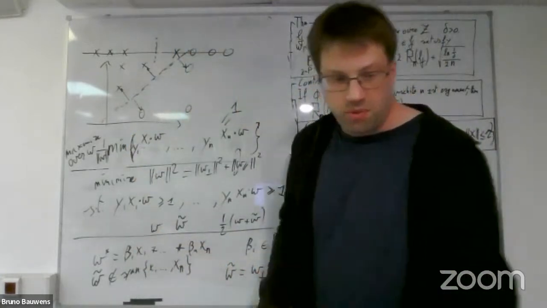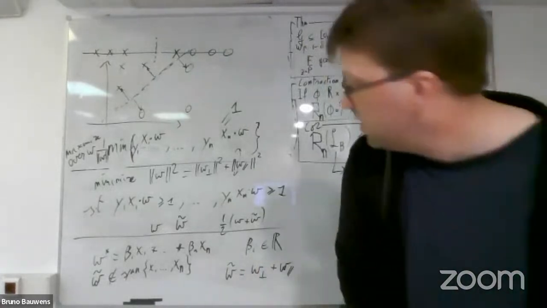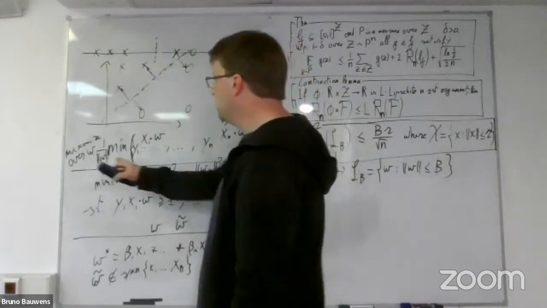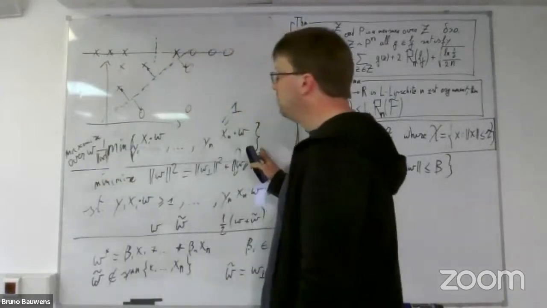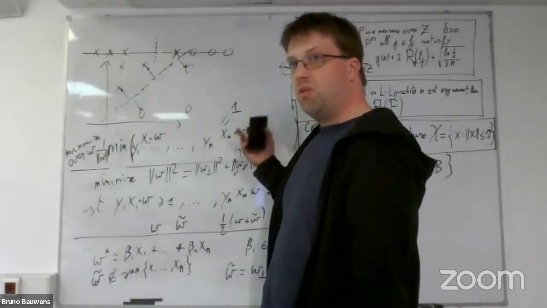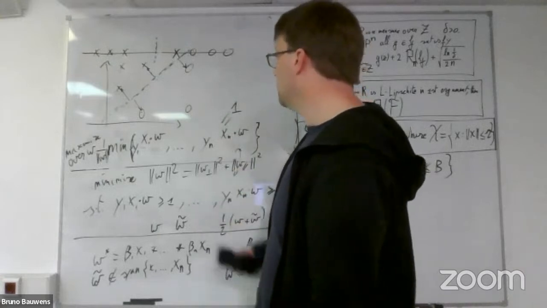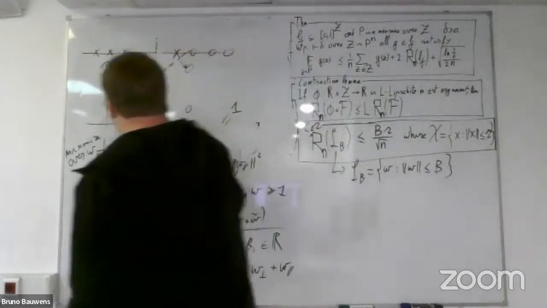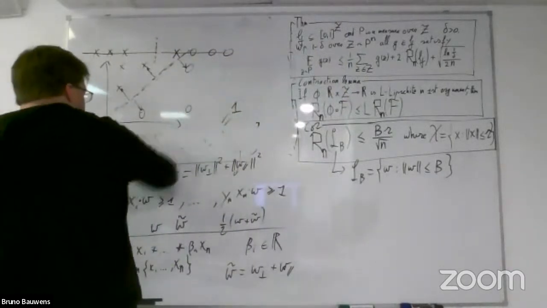Okay, and so how do we get this? Well, we change the objective. So we look at this minimum plus the sum of hinge losses of points. Let me write the simple objective again.